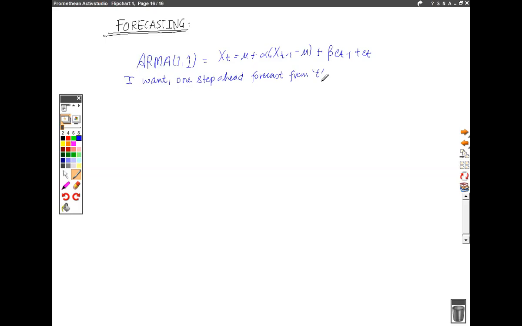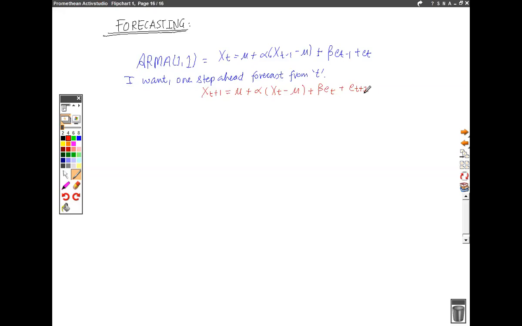So essentially what I'm looking for is x_{t+1}. And if I were to write it, I will get something like mu plus alpha times (x_t minus mu) plus beta e_t plus e_{t+1}. Yeah, e_{t+1}.